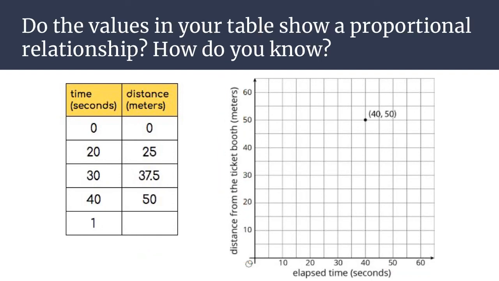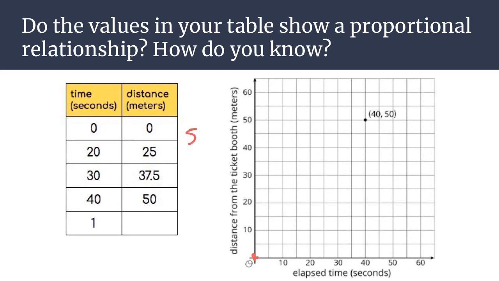Do the values in the table show a proportional relationship? How do you know? So I have 0, 0, which means that's good because it's going to cross the origin. Then I have 20 and 25, 30 and 37.5, 40 and 50. And I can see that there's a connection between these if I just divide any of the numbers.